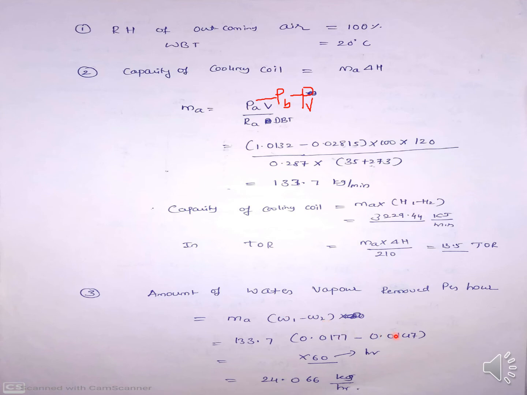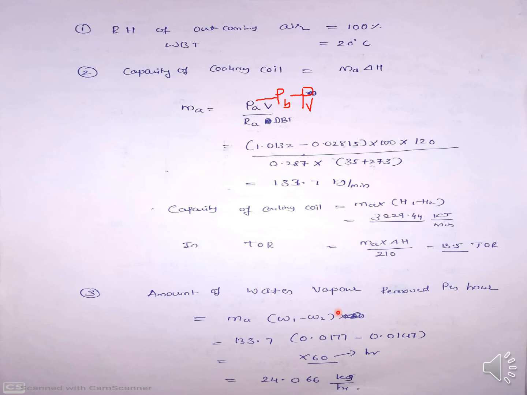So this specific humidity you will be getting here, and this is 133.7 kg per minute. I want to convert into hours, so I am multiplying 60 here, so you will get the answer 24.066 kg per hour.